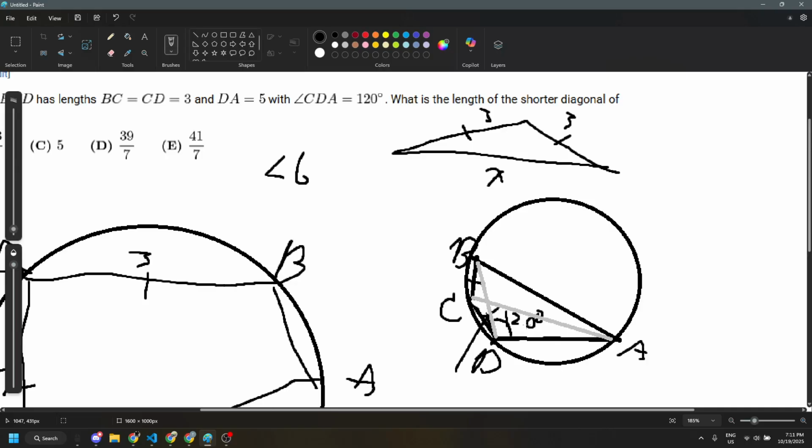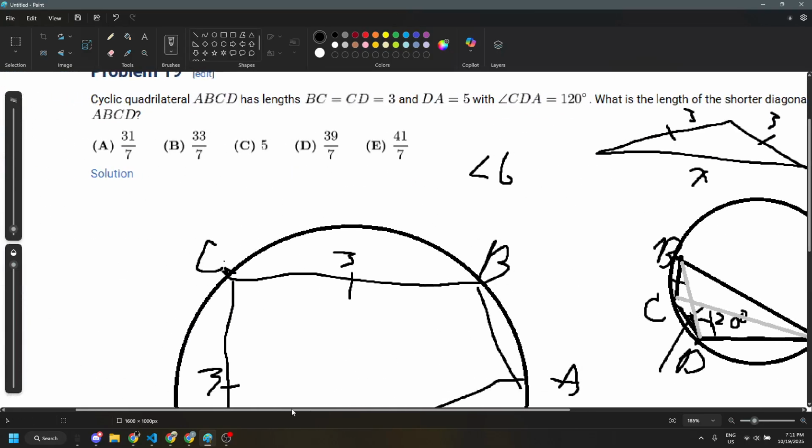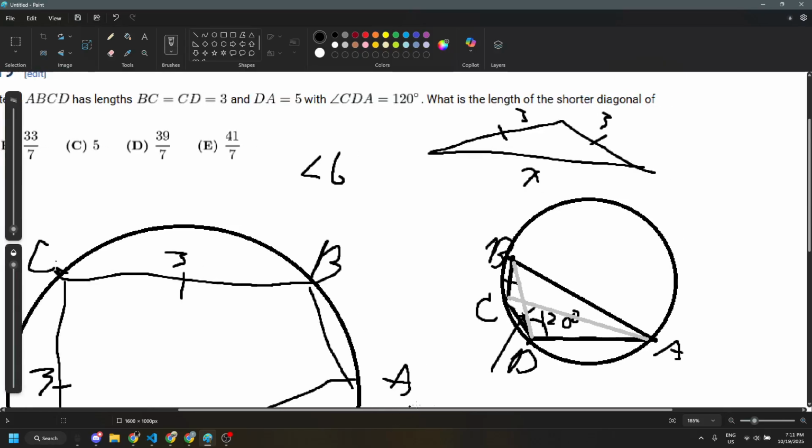With this angle here, what can we do with this angle? DA is equal to 5.